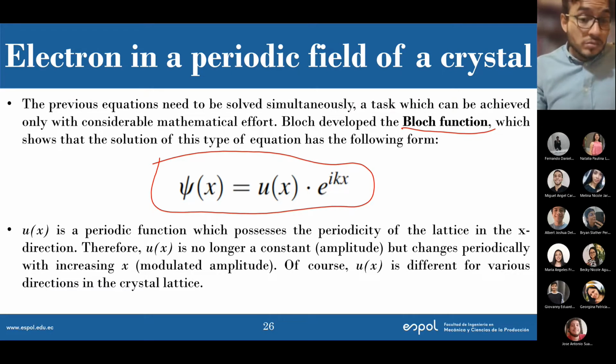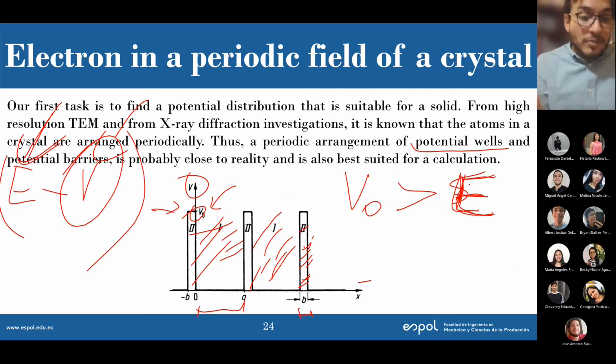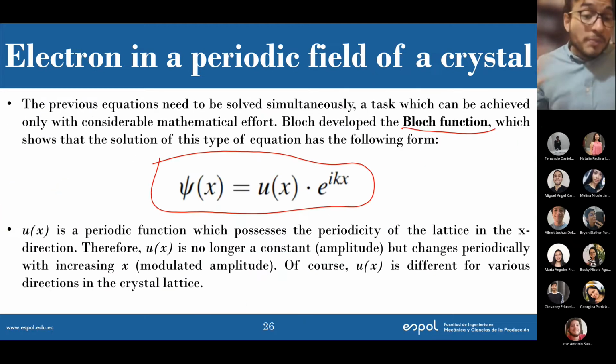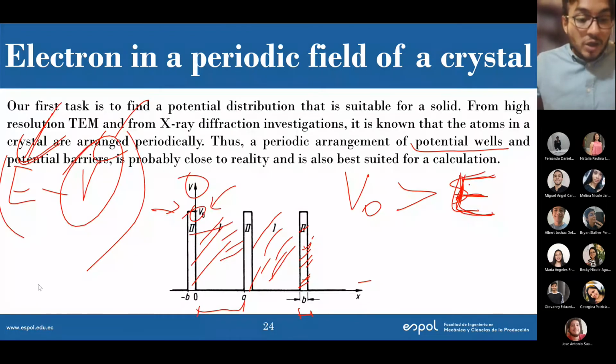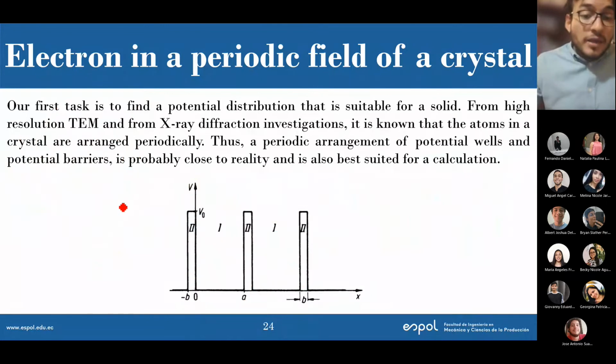Where u is a periodic function, because remember that this is all a periodic system. u is a periodic function that has the periodicity of the lattice in the x direction. So if the lattice constant is a, the periodicity is a.